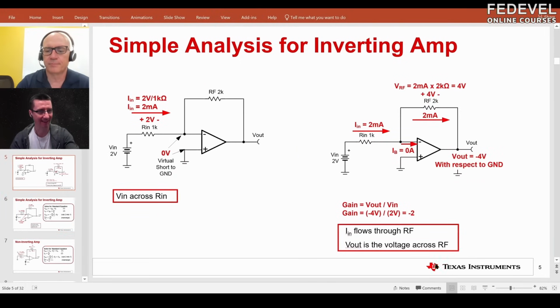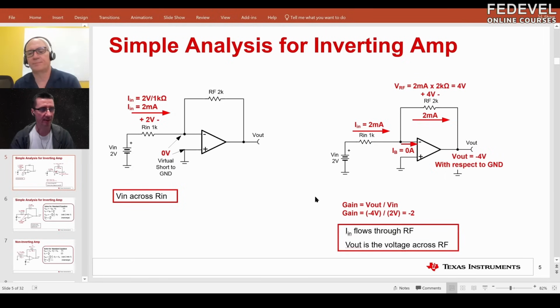I guess not everybody knows what gain means. Gain is just the output signal divided by the input signal. The input signal is 2 volts and the output signal is 4 volts, so it works out to a gain of minus 2, because the actual output is inverted relative to the input; the sign is opposite.